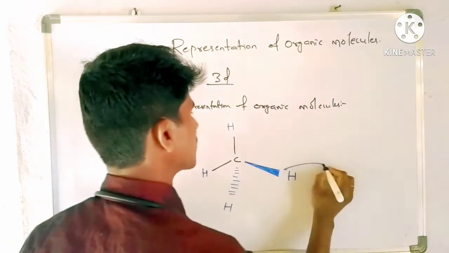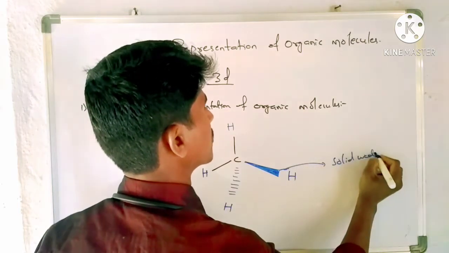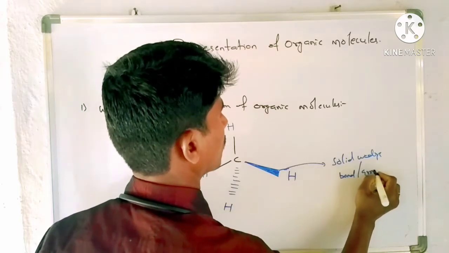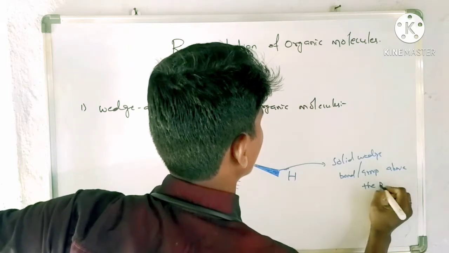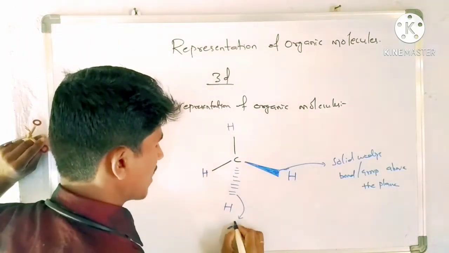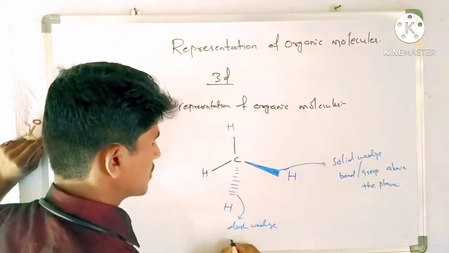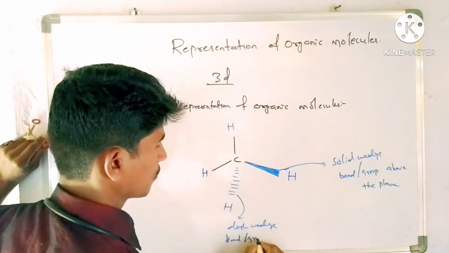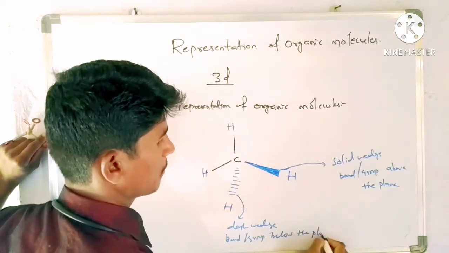So a solid wedge means a bond or group above the plane. The dash wedge means a bond or group below the plane.